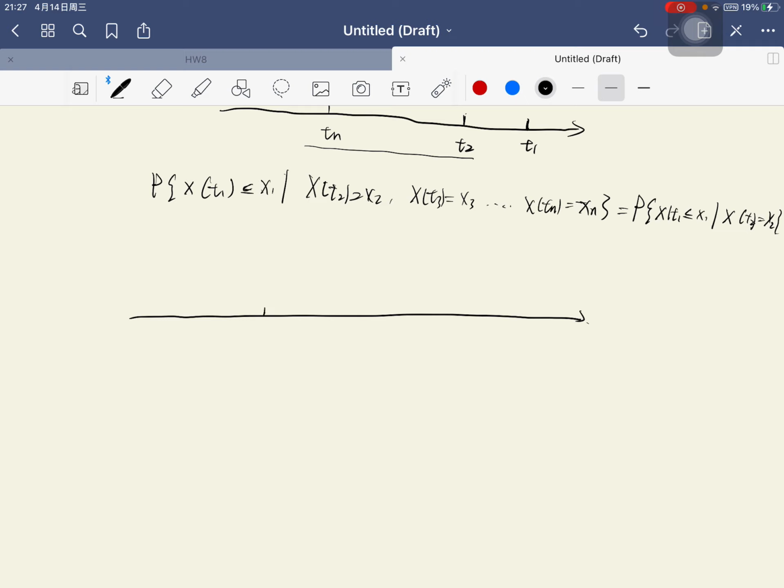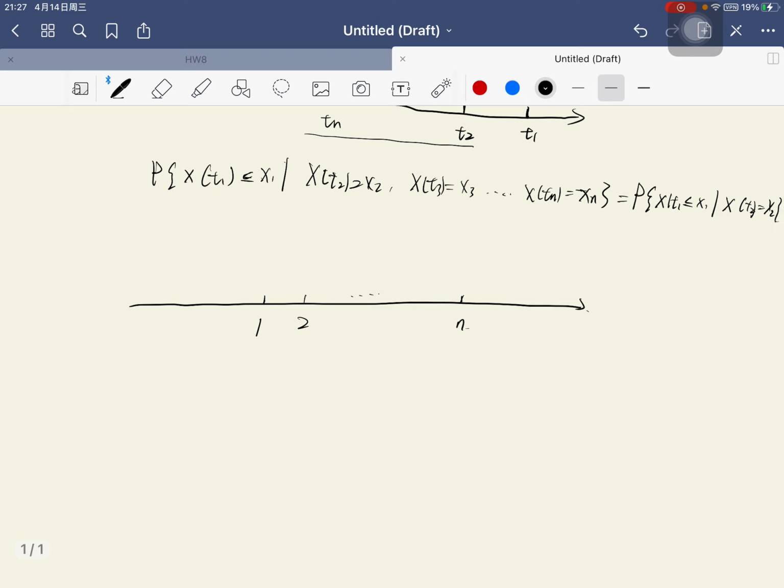It is a chain of 1, 2, and so on to n, the n number of the statistics, and the probability that X1 equals x1 and X2 equals x2 and X3 equals x3 and Xn equals xn. For this probability, we could use the property of the Markov process.